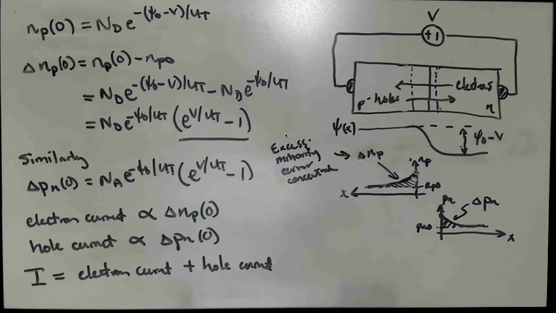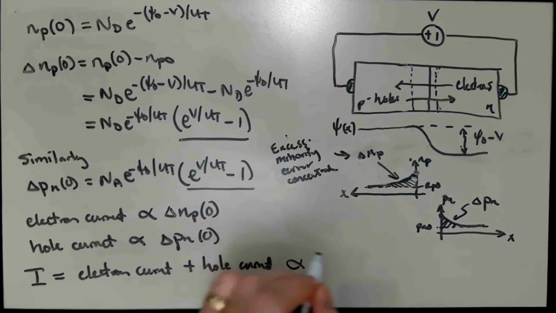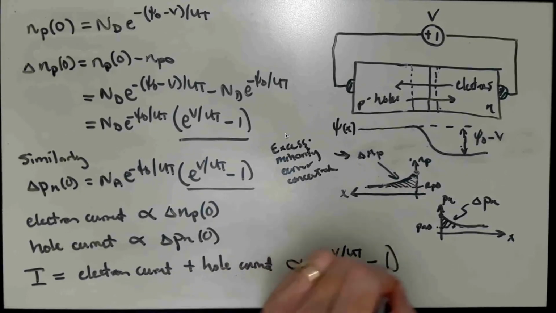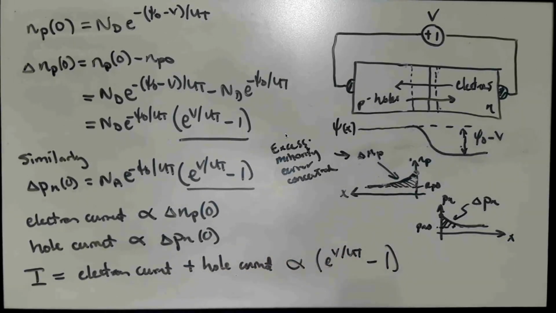And so since all of these factors are proportional to this e to the v over ut minus 1, the whole thing is going to be proportional to e to the v over ut minus 1. And we just call the constant of proportionality I sub s.